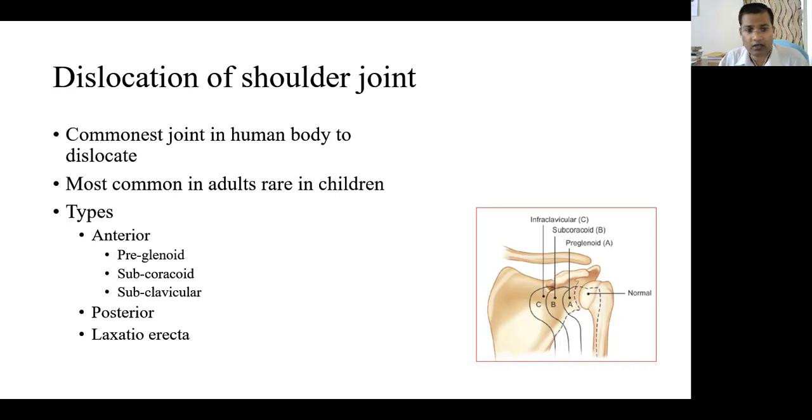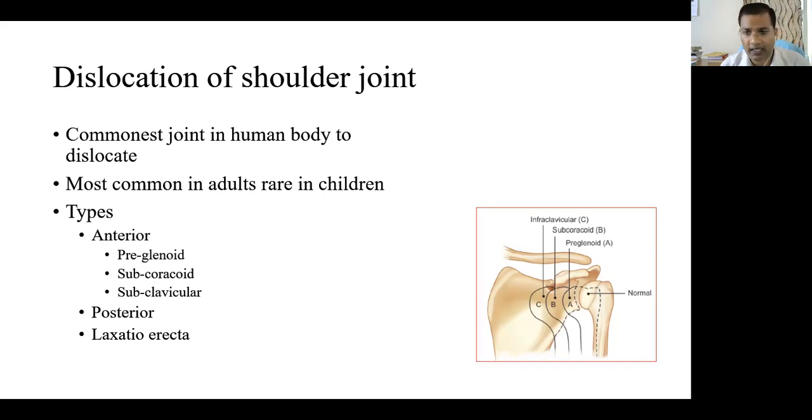Anterior dislocation is there when the humerus is dislocated anterior to the scapula, when the humeral head is pushed forward. On the basis of the degree of dislocation, we can say it is preglenoid, subcoracoid, or subclavicular.